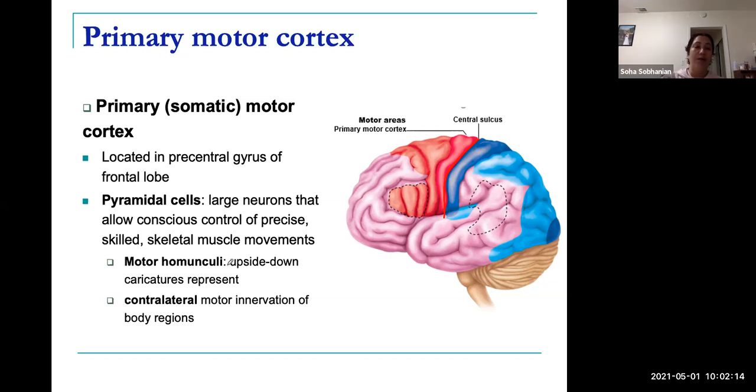Versus my lumbar region or my back, where it has these gigantic muscles and doesn't really need a lot of control, I don't need to dedicate a big part of my brain to that processing. So the same concept applies here.